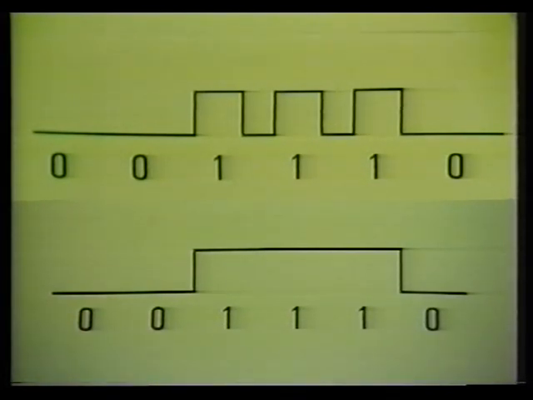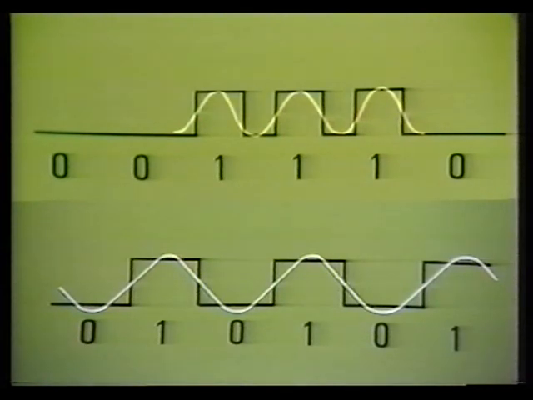Now, in order to send a return to zero pulse, we would need at least this frequency. In the case of the non-return to zero, we need to consider a worst-case signal consisting of alternating ones and zeros. In order to transmit this signal, we need at least to transmit the fundamental frequency, which is a sine wave as shown.